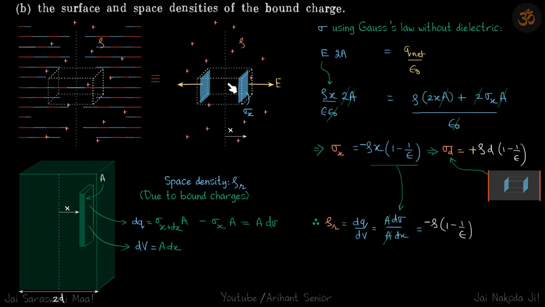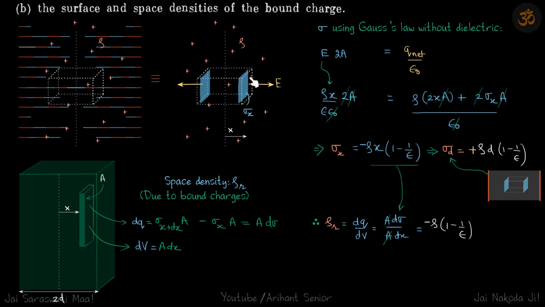Now one more thing, you might be thinking: why is the surface charge density only here, why not somewhere in the center? You can see that if you go towards the center, the negative and positive charge of every molecule will cancel each other out. So the net charge because of the molecules inside is 0. Only the charge developed here is because of those molecules whose negative charge is inside and positive charge is outside this plane.